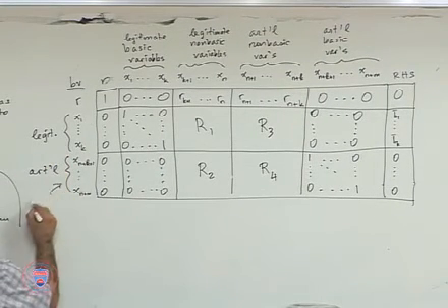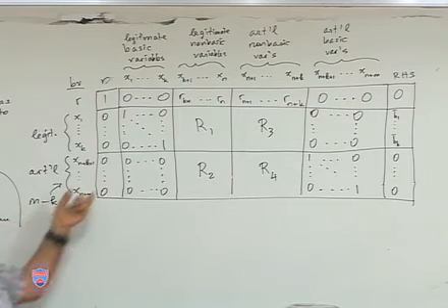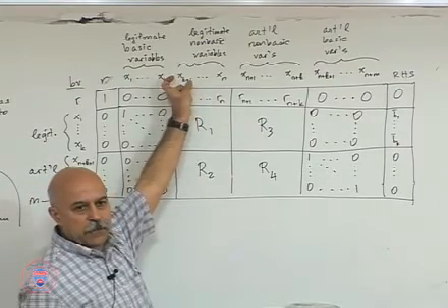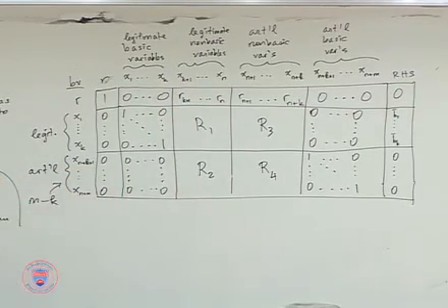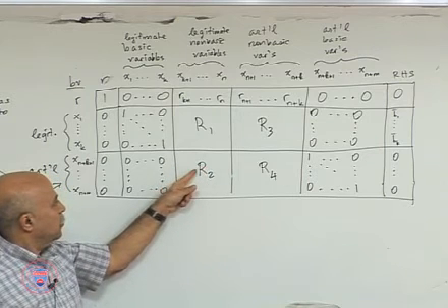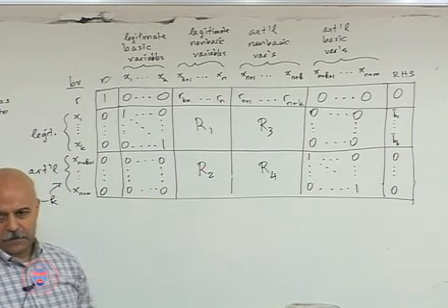There are m minus k such variables here. You want to somehow pick m minus k non-basic variables from the legitimate set of variables and replace these by them. To do so, all you have to do is look for non-zero elements in R2 on which you can pivot.